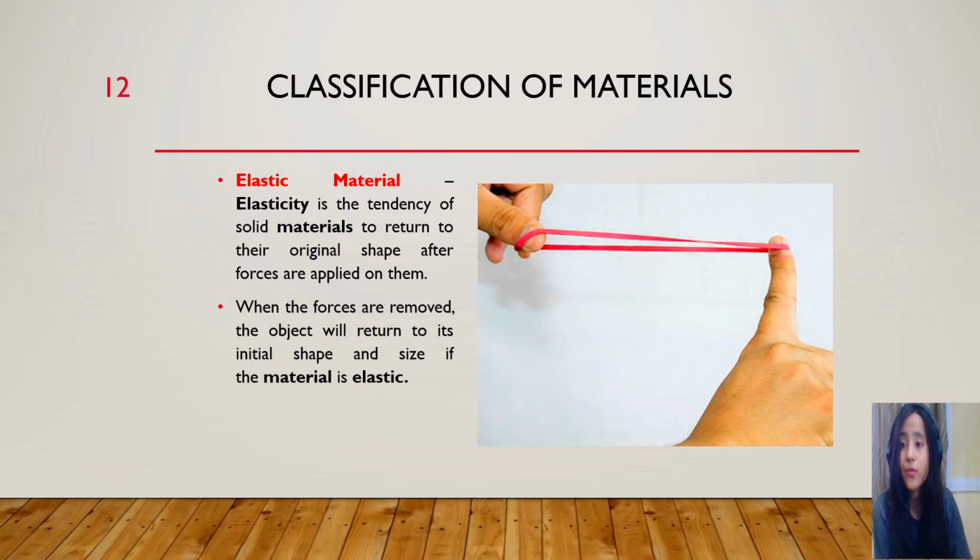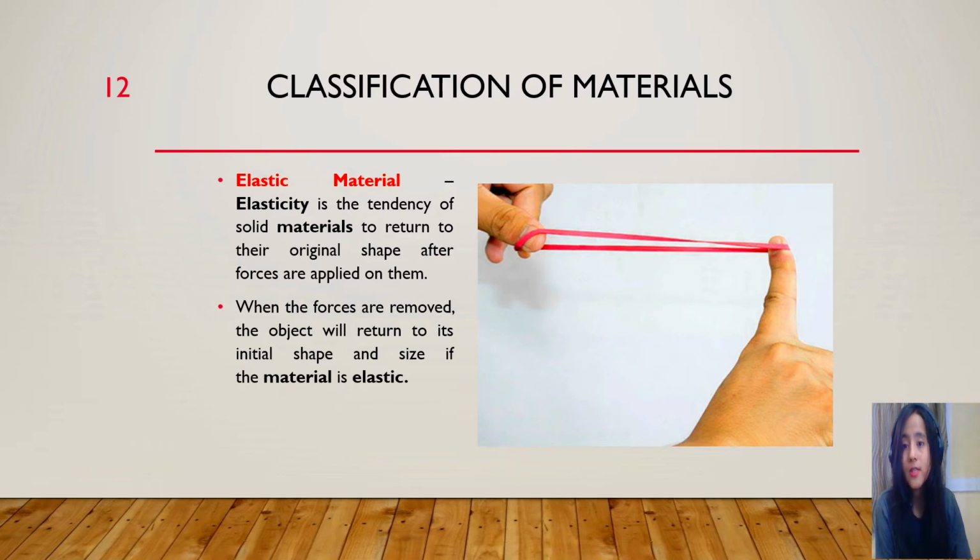Let us first know what elastic material means. If a body possesses an elastic property, it has the tendency to recover to its original configuration, or original shape and size, when we remove the deforming forces, right?